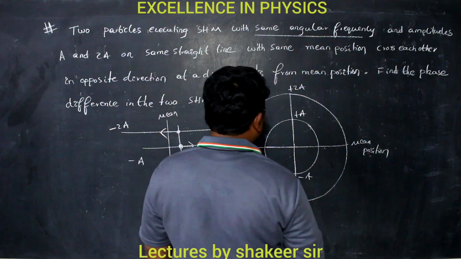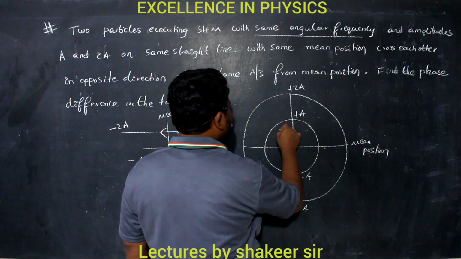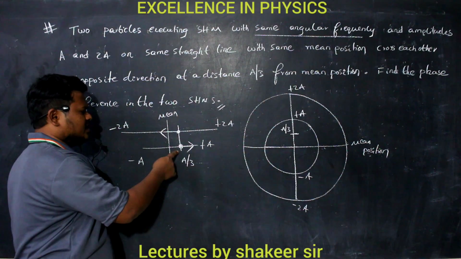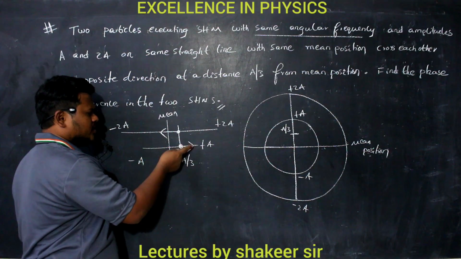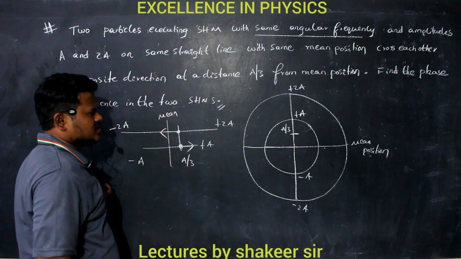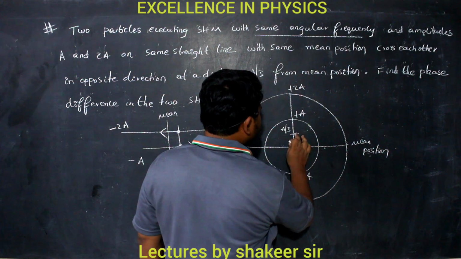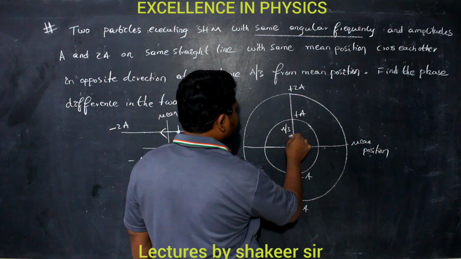So where is the position of A by 3? Let us consider this is the position of A by 3. What we have assumed here is that this particle, which has an amplitude of A, is going away from the mean position towards the positive extremity. In this diagram A by 3 is shown very large, but let us consider this to be A by 3.